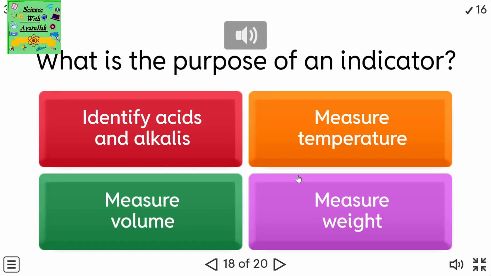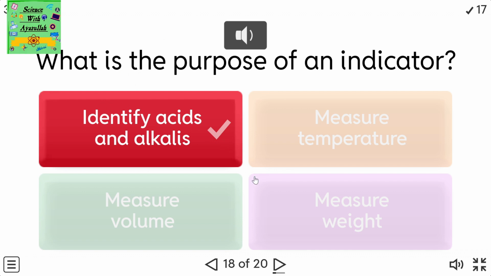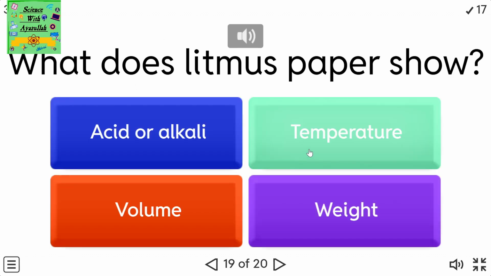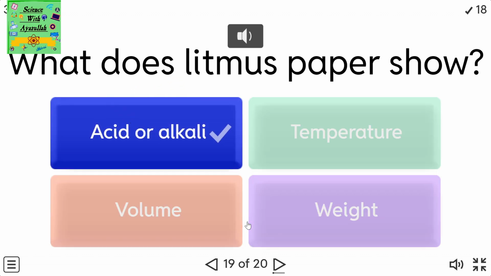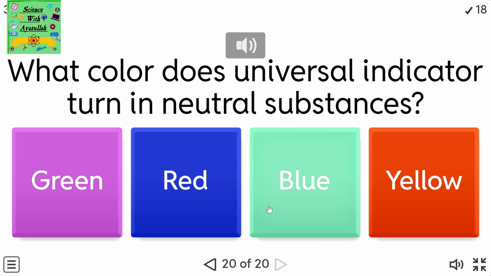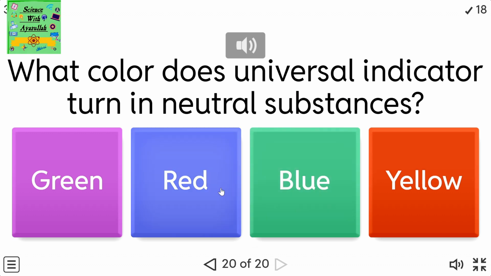What is the purpose of an indicator? What does litmus paper show? What color does universal indicator turn in neutral substances?